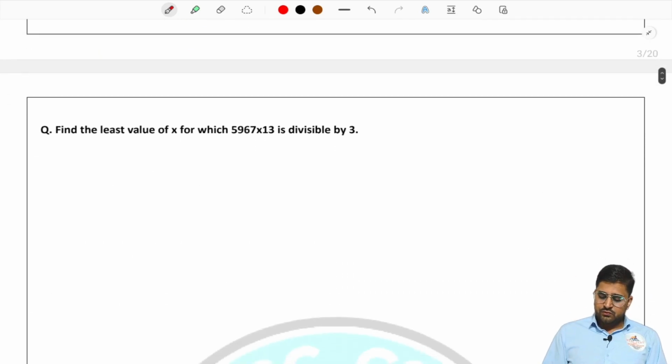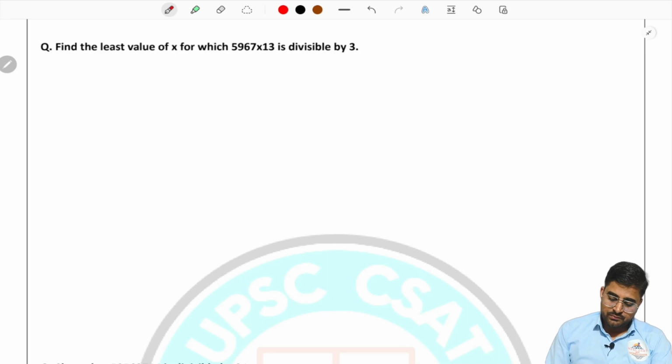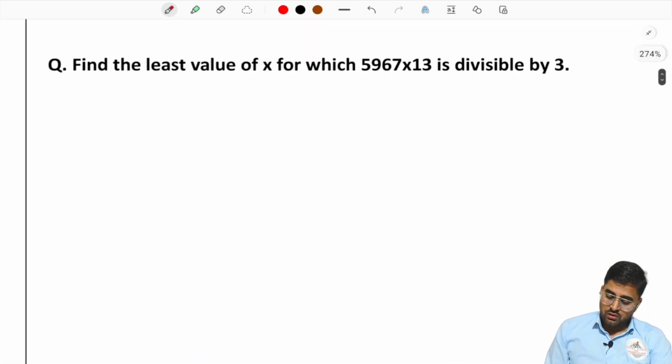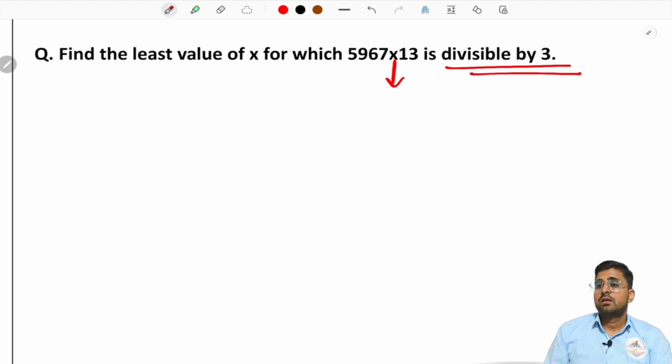So let us move to the next question. It is a very simple question, as we have already studied the divisibility rule of 3. Now it's the application part. Here you have a number which has one digit missing, and the question says that it is divisible by 3 and x should be the minimum number required.